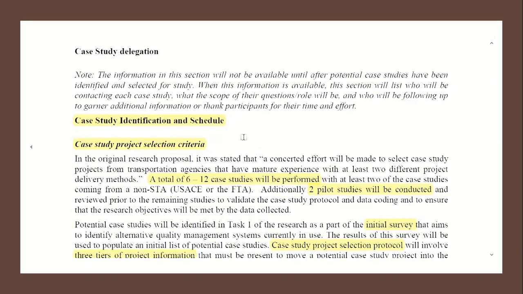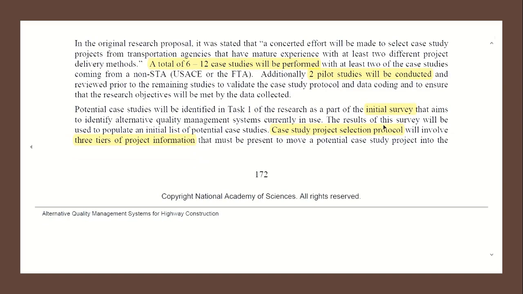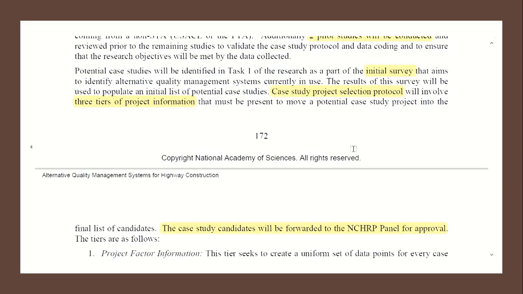And then they explain how they select different cases for this project. As you can see from the highlight, they have 6 to 12 case studies to perform, and they did 2 pilot studies before the official case studies. They had an initial survey as well to identify alternative quality management systems currently in use.